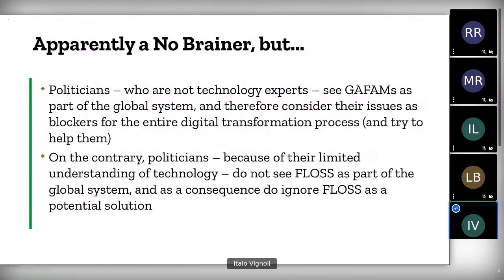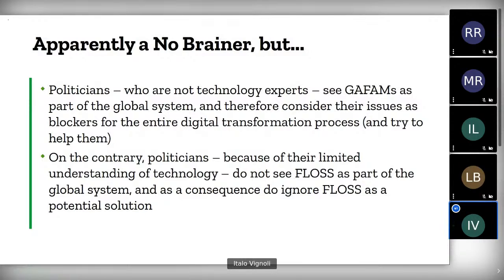Apparently, it's a no-brainer, but the problem is that politicians who are not technology experts see the GAFAMs as a part of the system, and therefore they consider GAFAM's issues as a blocker for the digital transformation process, and they help them see what happened with the Gene names and Microsoft.